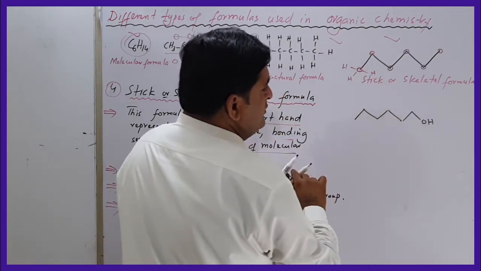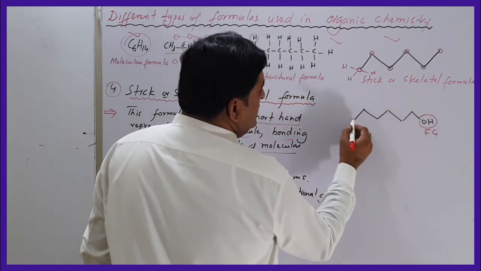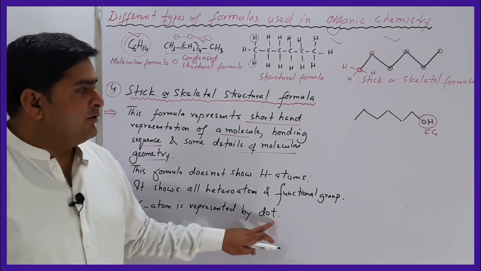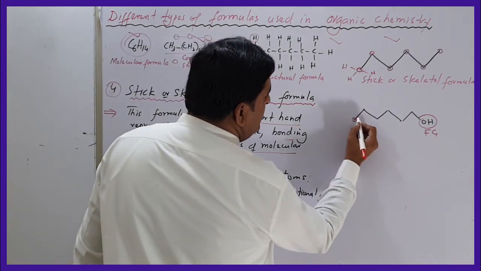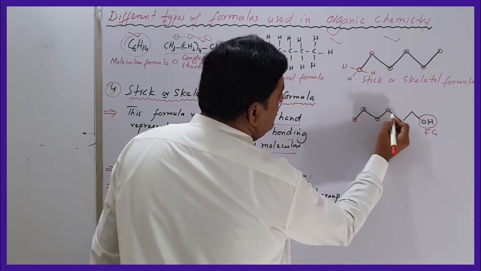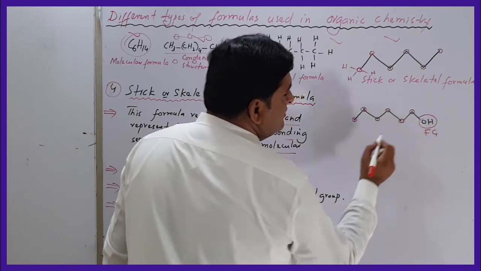This is a functional group, we cannot omit it, we have to write this functional group. And the last point is that a carbon atom is represented by a dot. So this is the first carbon, this is the second carbon, third carbon, fourth carbon, fifth carbon, sixth carbon. Now this is not carbon, this is OH.